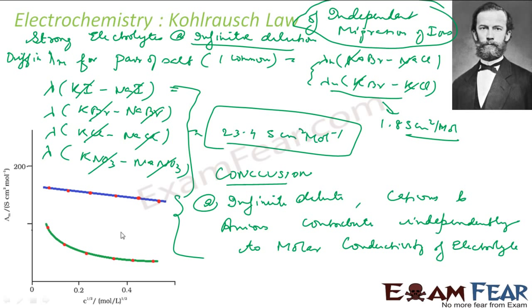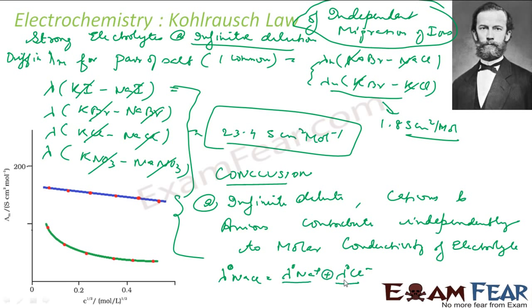Correct? That means, for example, I have, let's suppose, NaCl at infinite dilution, right? If I want to find the limiting molar conductivity of NaCl, that will be nothing but the limiting molar conductivity of Na plus plus the limiting molar conductivity of Cl minus.